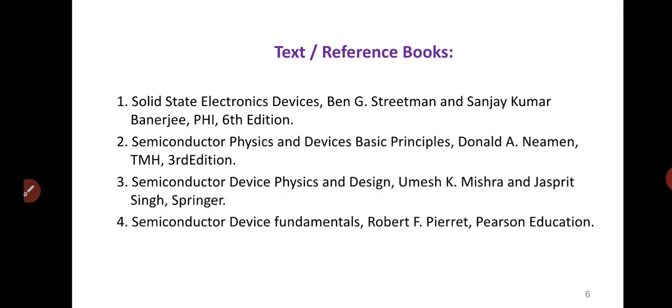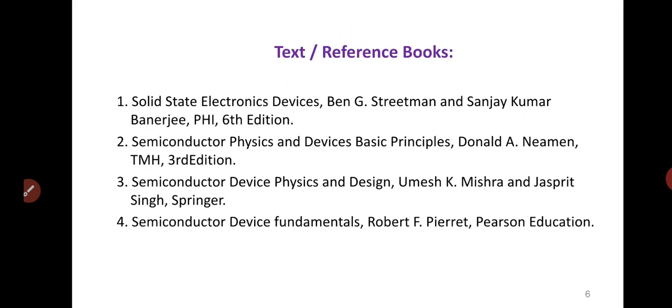Now these are some reference books. Solid State Electronic Devices by Streetman and Sanjay Banerjee. Second, Semiconductor Physics and Devices: Basic Principles by Donald Neamen.